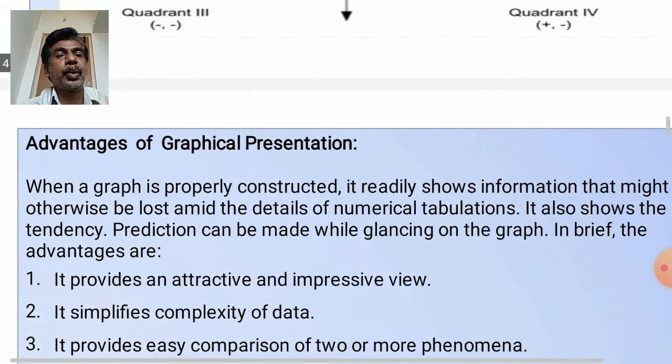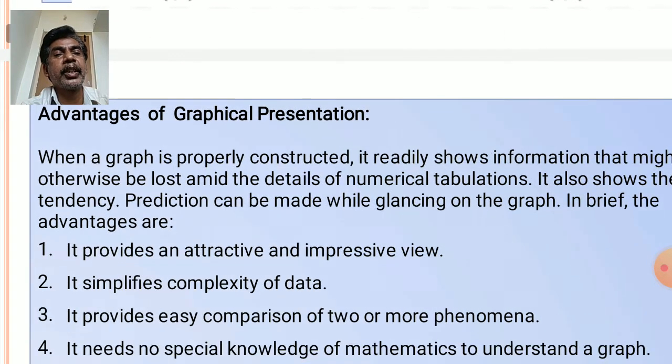It also shows the tendency, and prediction can be made easily at a glance. Graphs are a pictorial and effective statistical method which is used by all the businessmen and corporate sectors.